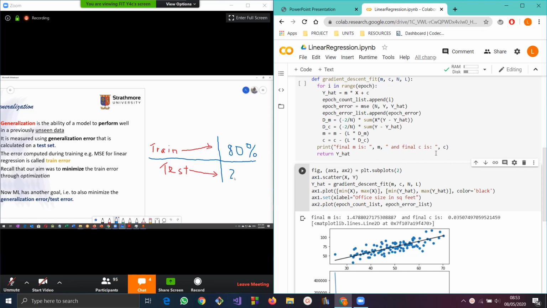From Monday, we discuss hyperparameters, and next week we will see that we subdivide this 20%.